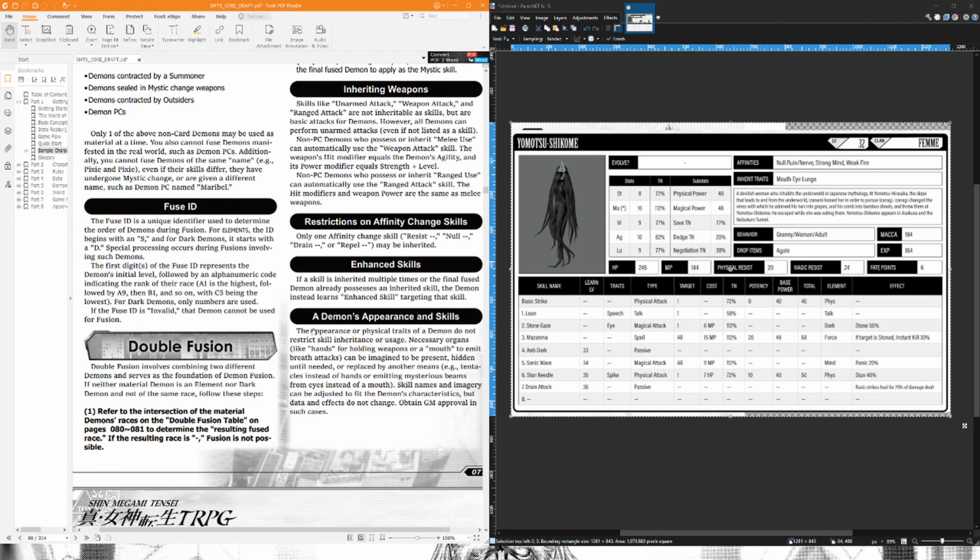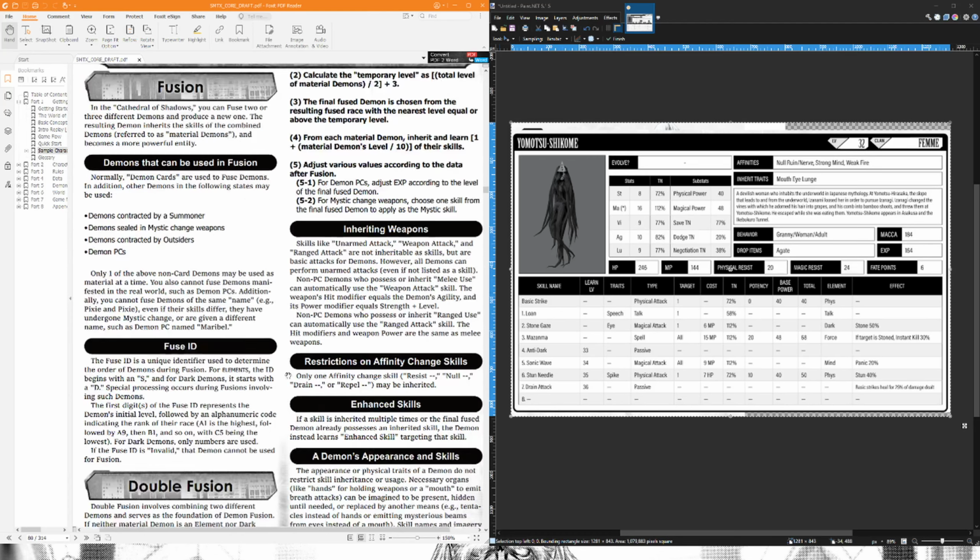So yeah, demon appearance and skills. This is the part I was saying where they remove the inherent traits. Oh yeah, they have the fusion ID. You may have seen it in the previous stat block. They explain what it is and why it's written the way it's written, but I don't actually believe it's usable.